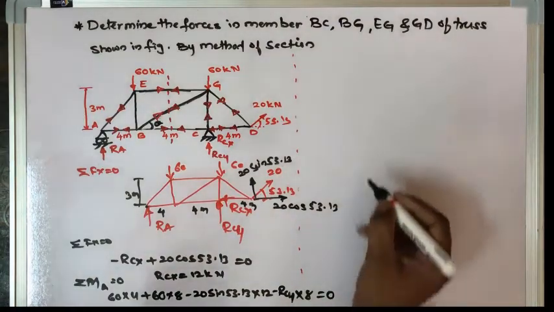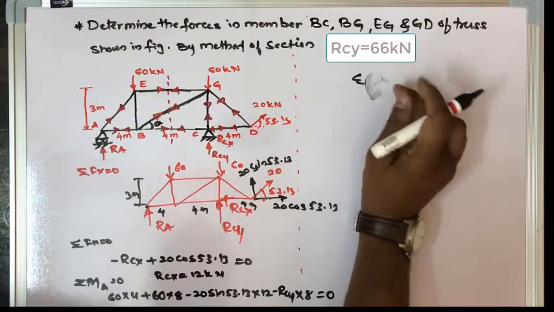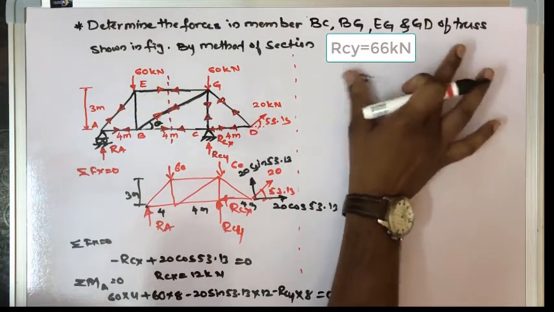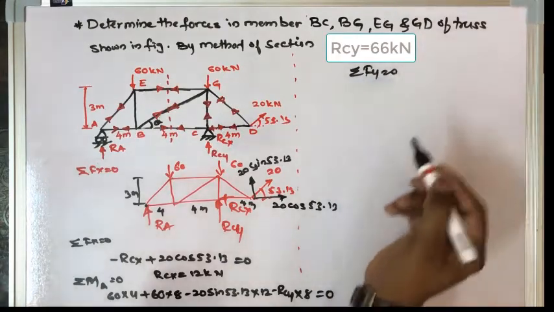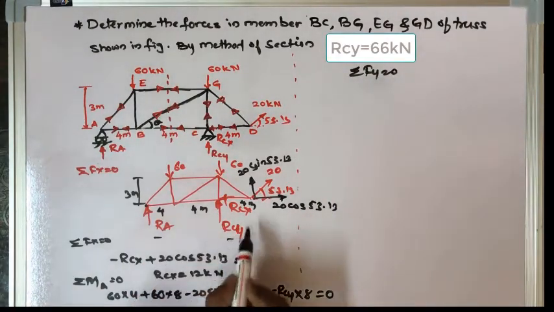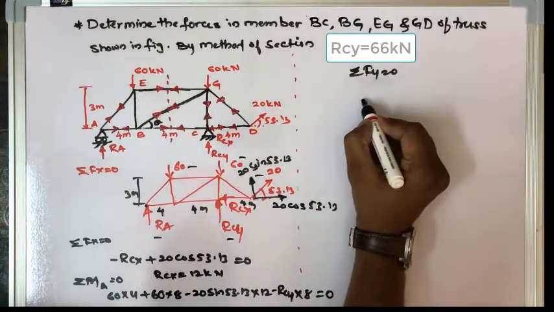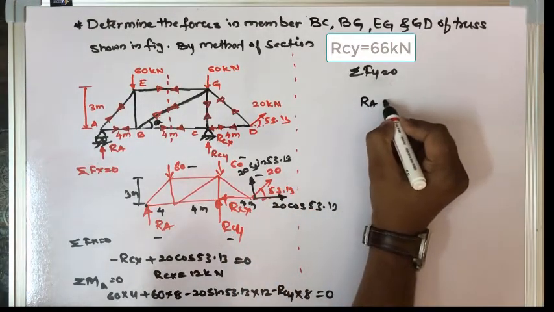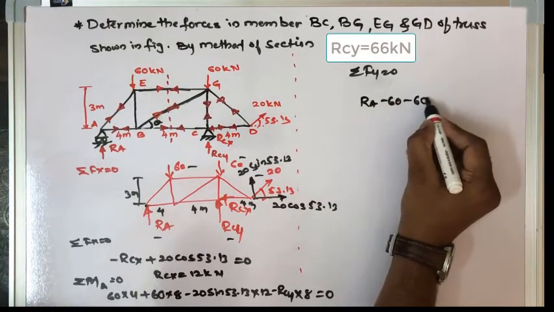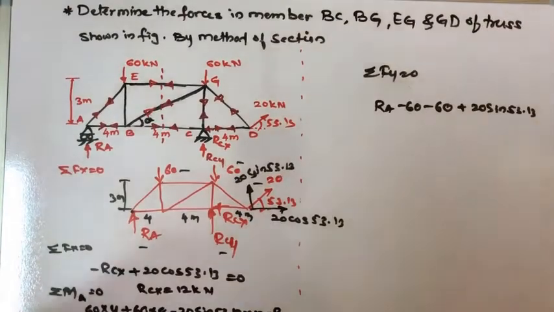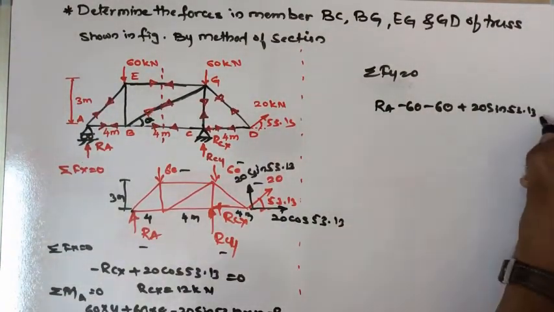Okay, so similarly, if I calculate the summation of Fy equal to 0, how many vertical forces? 1, 2, 3, 4, 5. So I'll get RA, which is moving upward, minus 60 which is moving downward, again the second force which is minus 60, then plus 20 sine 53.13 equal to 0.